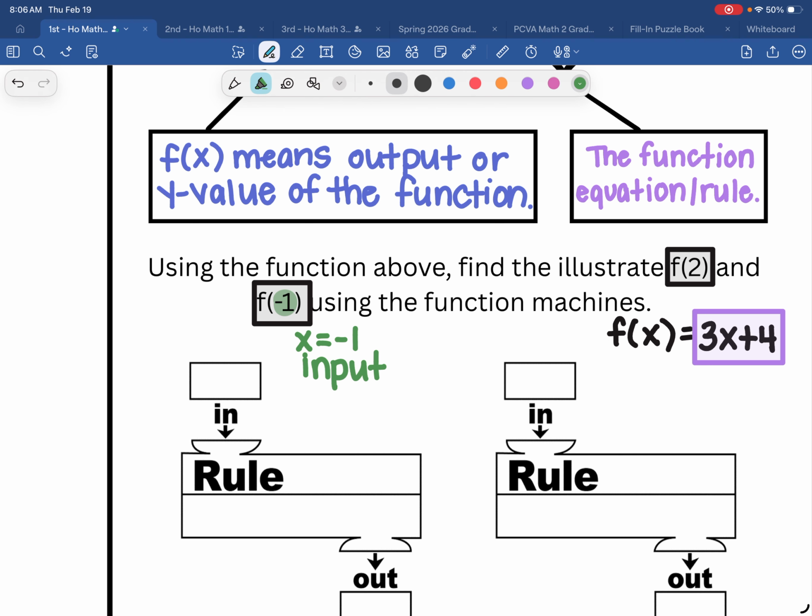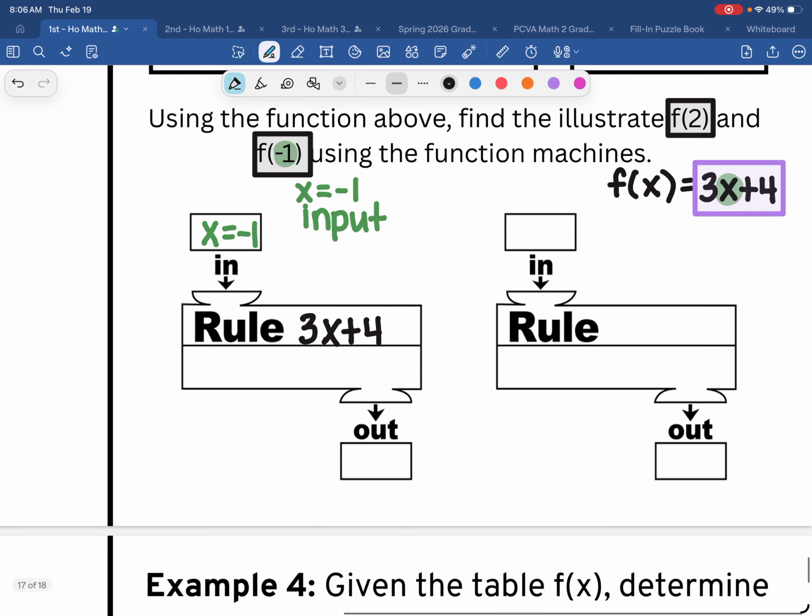And where x is, we're going to take x out and we're going to substitute in the number. So again, we're going to start and we're going to say that we're going to input negative 1. And then my rule is 3x plus 4. That's what we're doing to that, or substituting that number for.